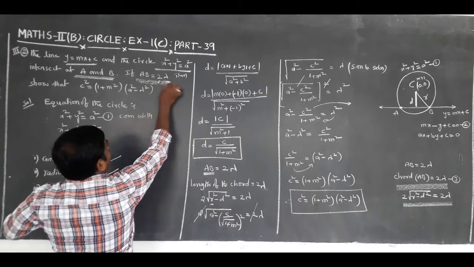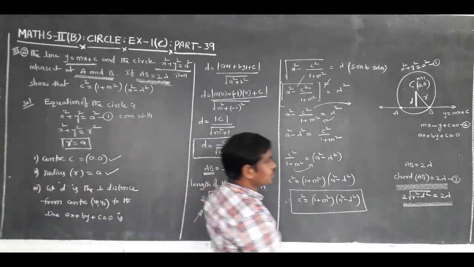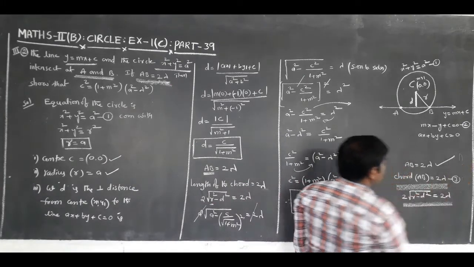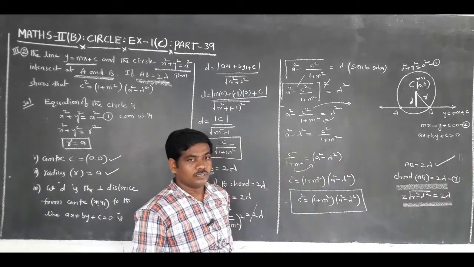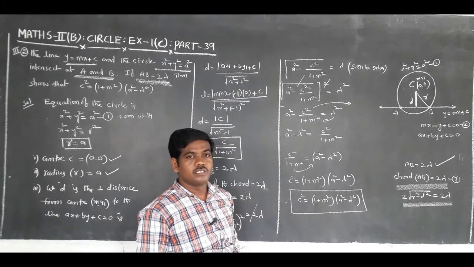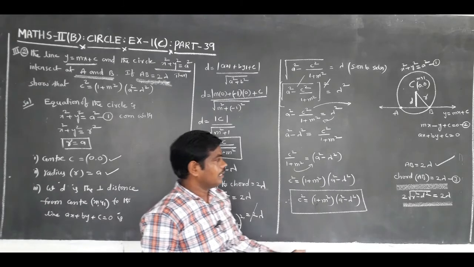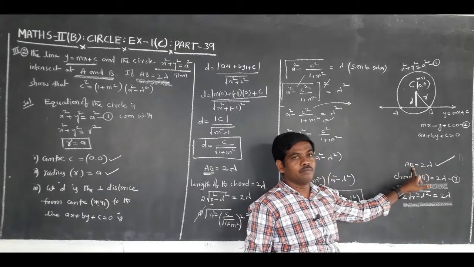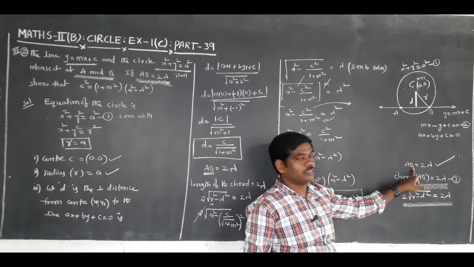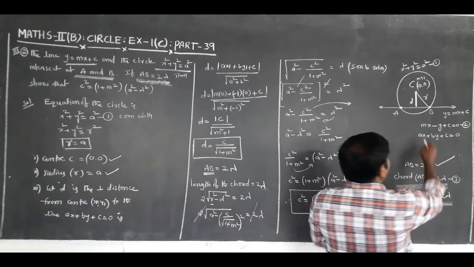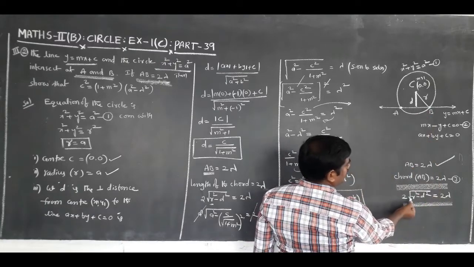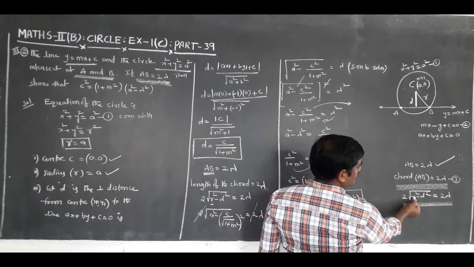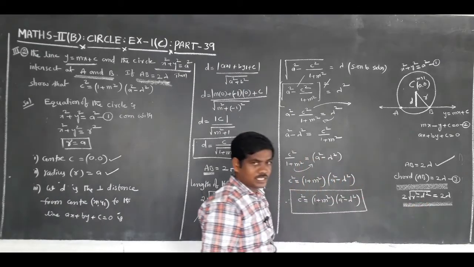Here it is given that AB is equal to 2 lambda, which means the length of the chord is equal to 2 lambda. The length of the chord formula is 2 into under root of r square minus d square.